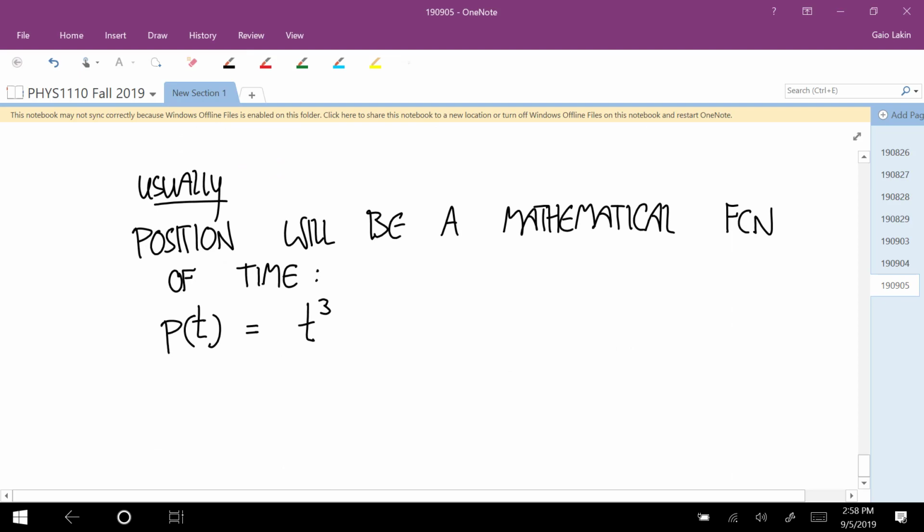What I want you to keep in mind is, remember that position as a function of time is equivalent to a position versus time graph.